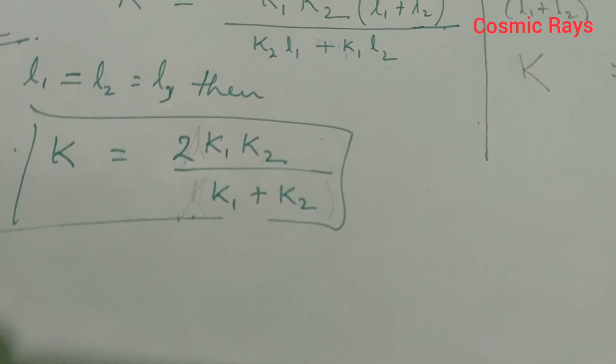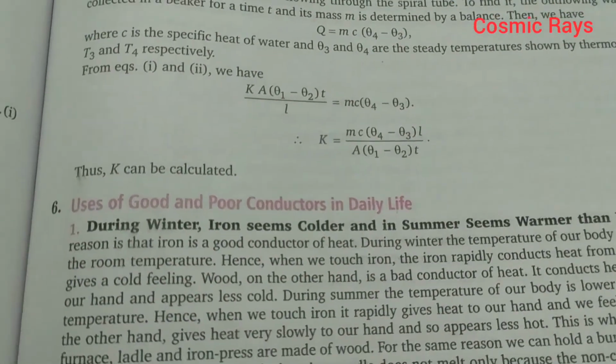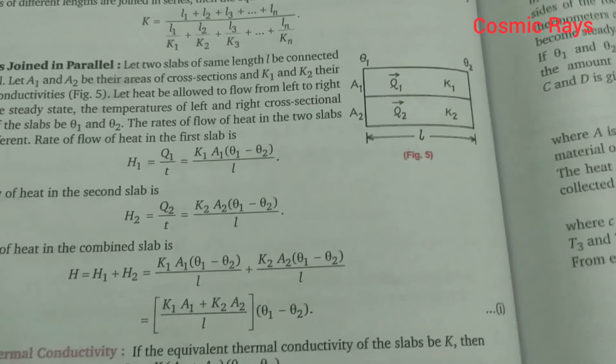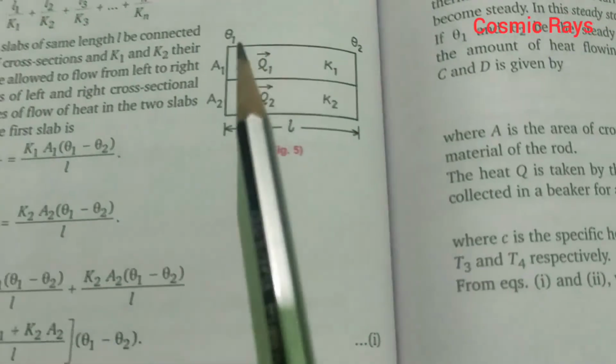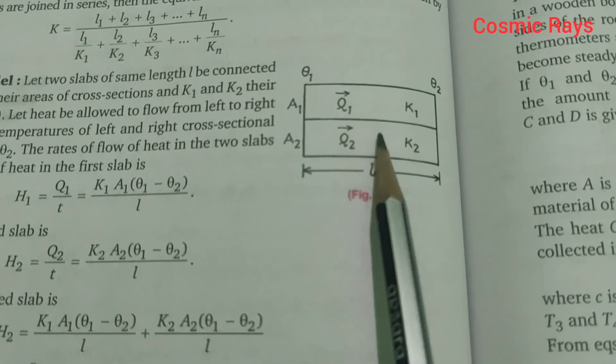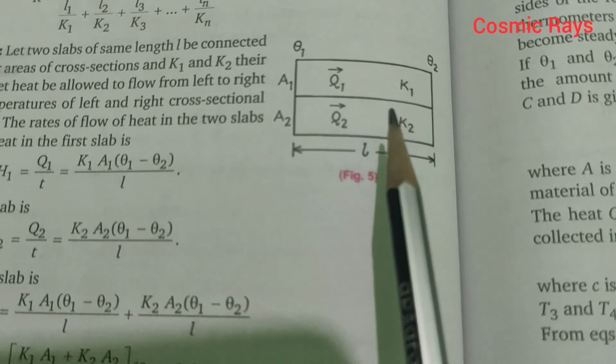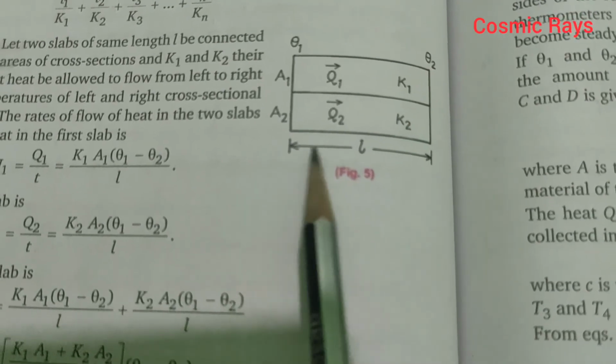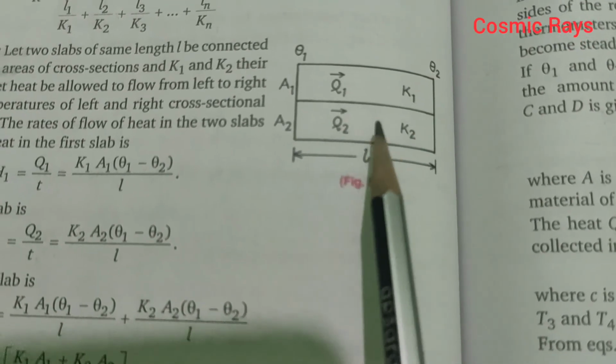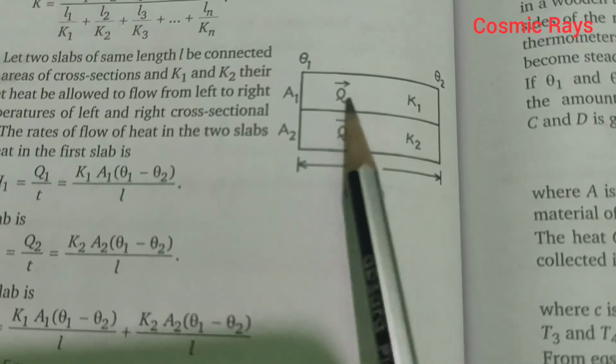Now we will see what will happen if the two slabs are joined in parallel. Now if two slabs are joined in parallel, we refer to this figure. In the previous case we had different lengths, L1 and L2. Here the length of the slab remains the same, and we have placed two slabs one on top of the other.